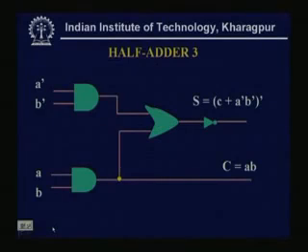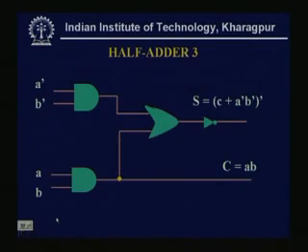Now see, the same thing has been realized. So this is the carry, as it is, A B carry is there. Now the carry I am taking as one of the inputs, and the other input is coming from a 2 input AND gate, A dash B dash. So again it is fed to the OR gate. So see, this is C plus A dash B dash, and now it is complemented. So one inverter is put.